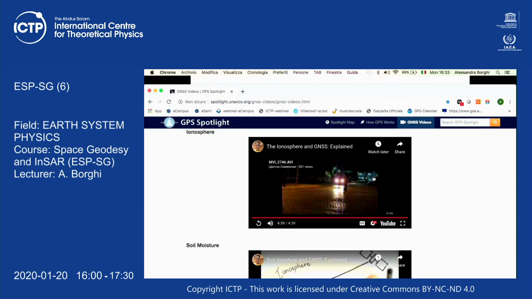So when the signal comes from the highest layer of the atmosphere, it's not vacuum, but it's less dense. And the other thing was about the yellow segments that show you have different refraction because we have different refraction indices.